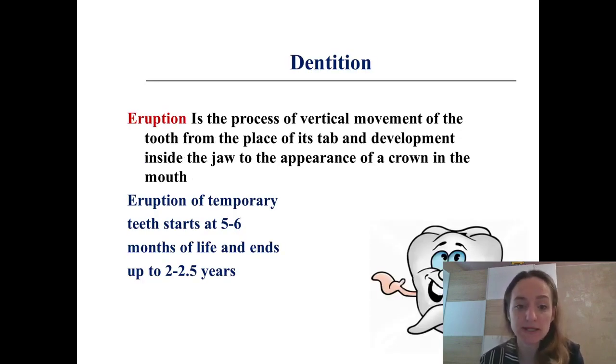About eruption, it's a process of vertical movement of the tooth from the place of its tap and development inside the jaw to the appearance of the crown in the mouth. And eruption of the temporary teeth starts at 5-6 months of life and ends from 2 to 2.5 years.